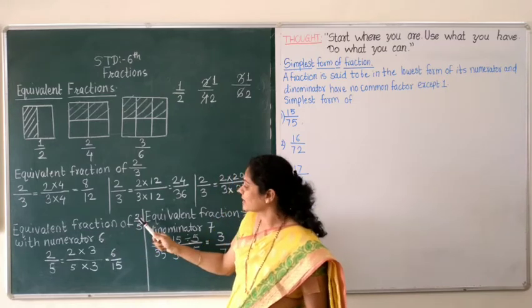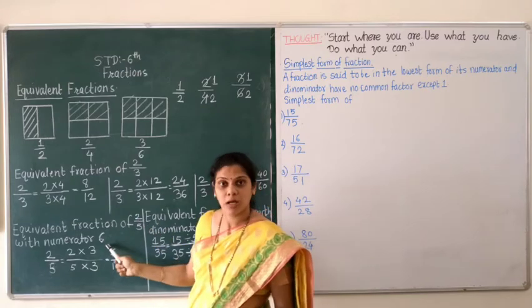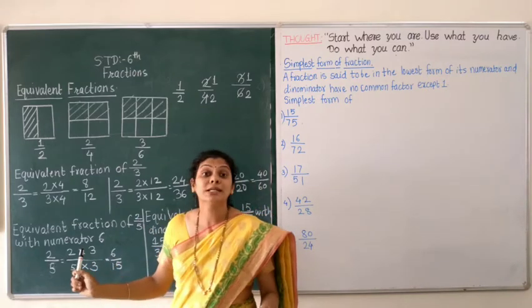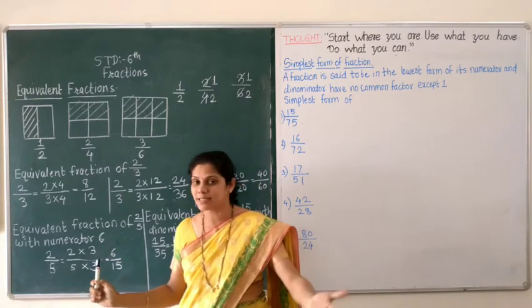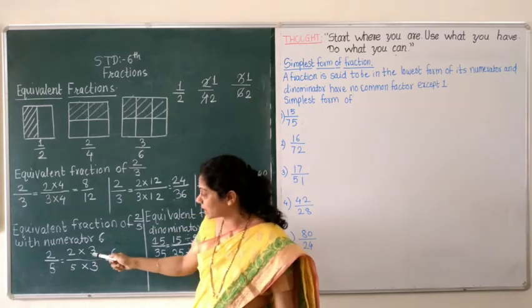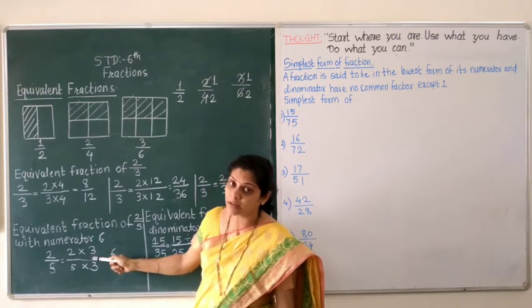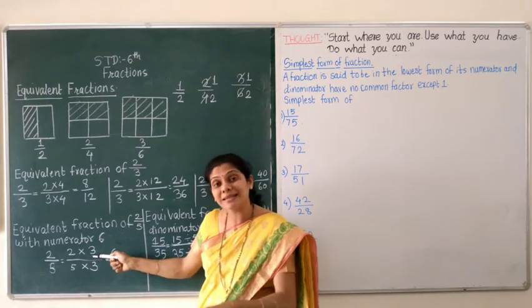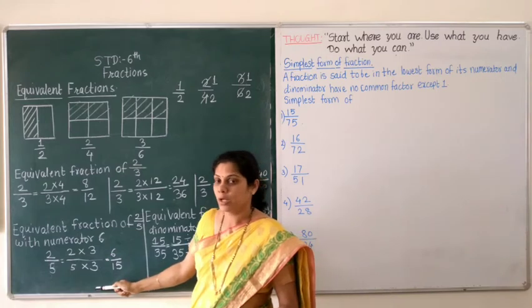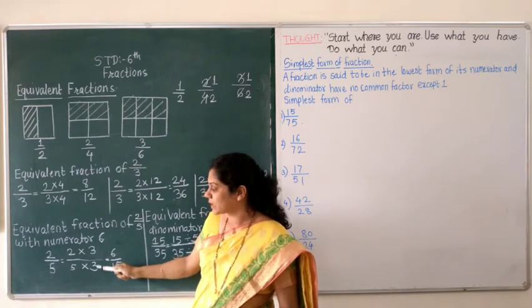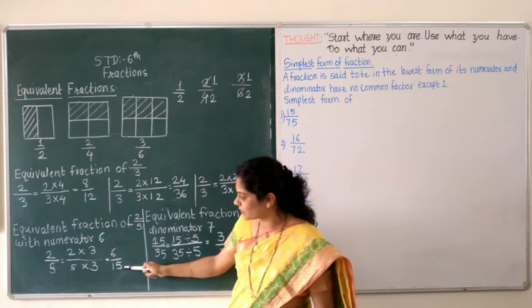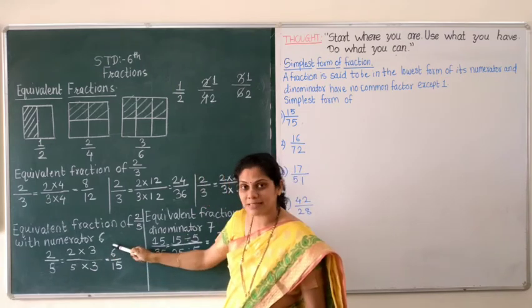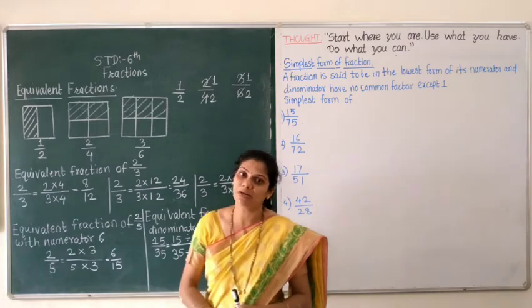So how can we convert this 2 into 6? Absolutely correct. 2 threes are 6. So multiplied by 3, it can be converted into 6. And if I multiply by 3 at the numerator, we have to apply the same at the denominator also. So if I multiply 3 to the numerator and denominator, I get here 6 upon 15. So my numerator gets 6. So my condition is fulfilled here.